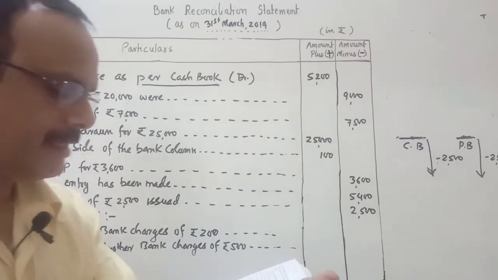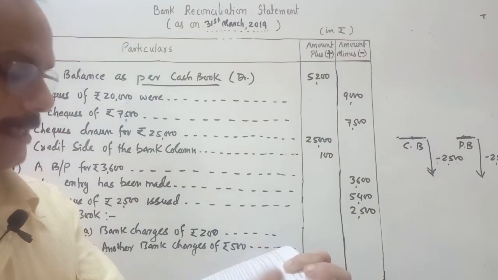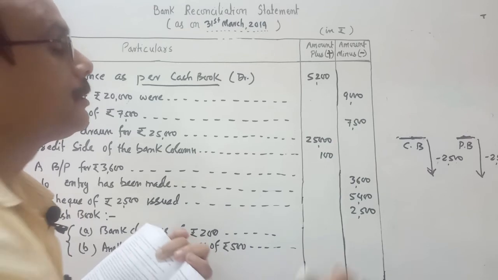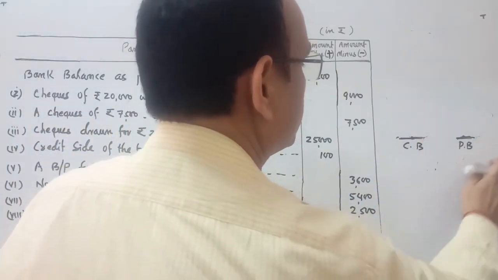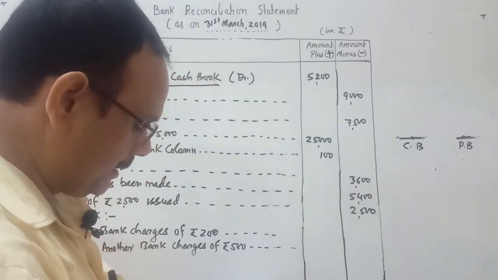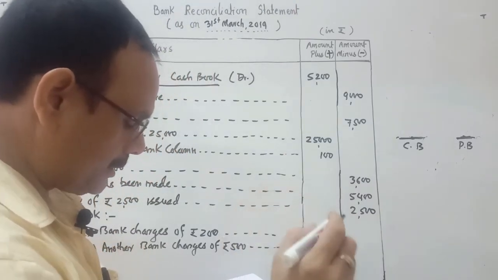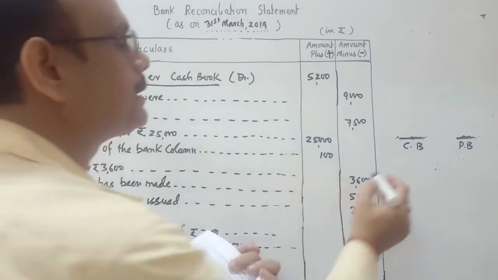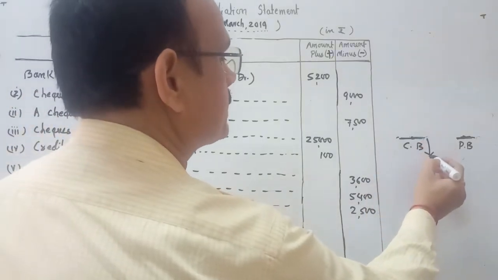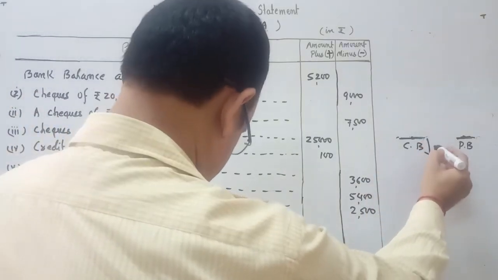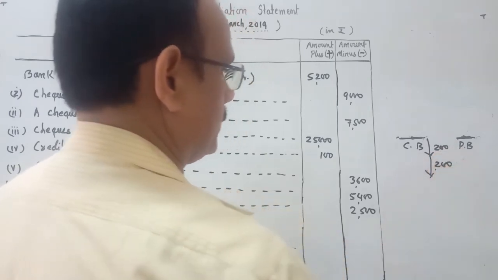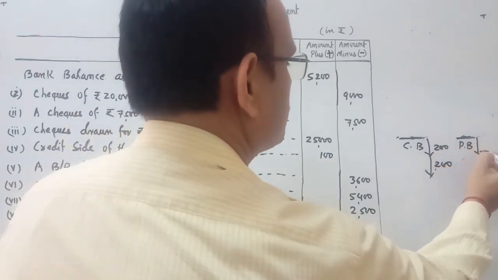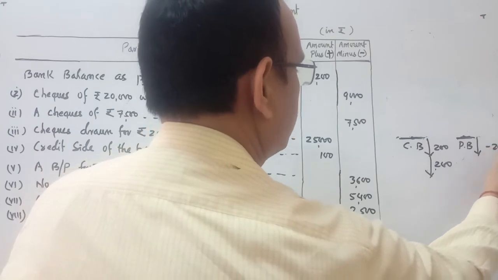The first part is bank charges of 200 were entered twice. In the cash book, bank charges of rupees 200 were entered twice. Two times it is entered, so 200 plus 200, two times it is deducted. But in the passbook it is only minus by 200.